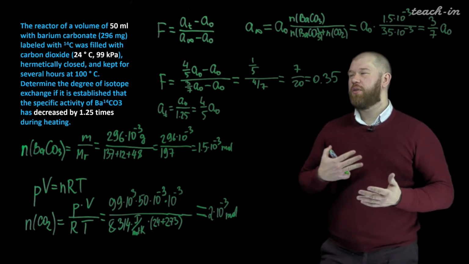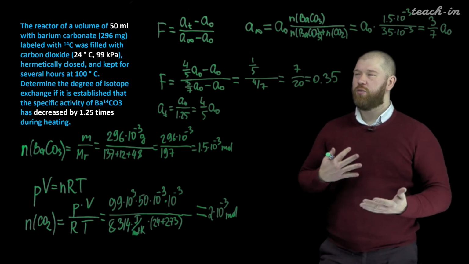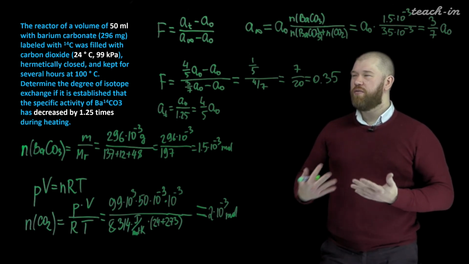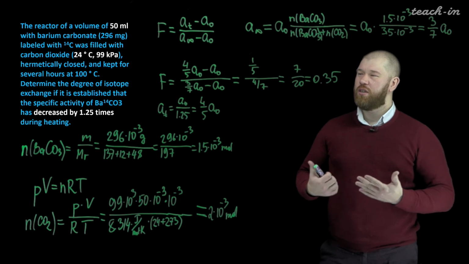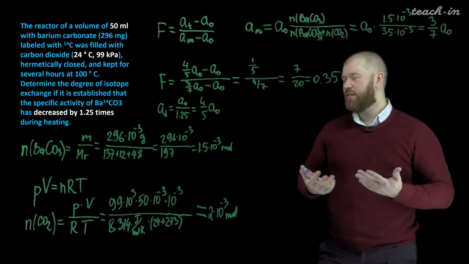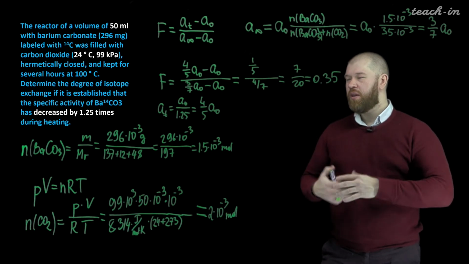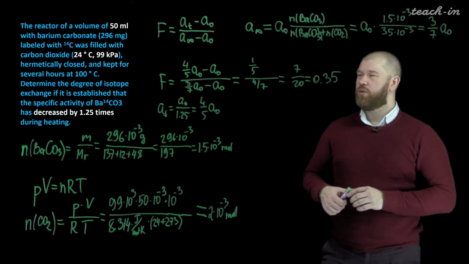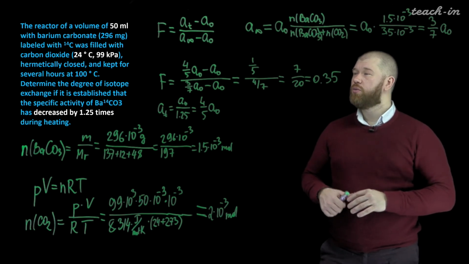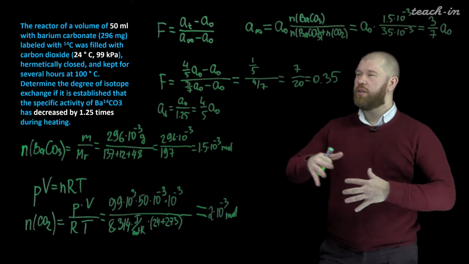But you can see that the isotope exchange is a bit of a different situation. It's not like a chemical reaction, but in this case it is an exchange of CO2 groups in the solid and the gas.